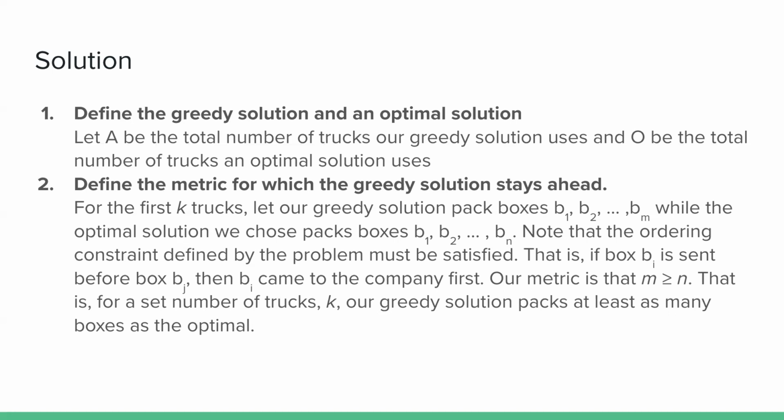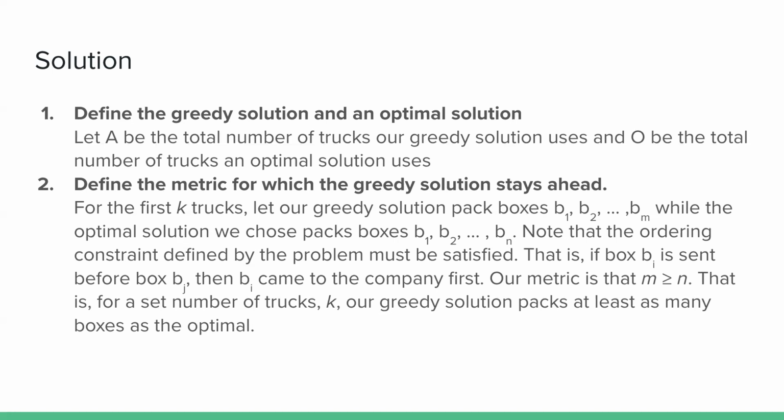But just to make sure, is it still appropriate to say that our metric is that, given a certain amount of boxes, we have the minimum amount of trucks? Would that be logically equivalent? Wait, the metric for greedy staying ahead? Or a given number of boxes, we have the minimum.